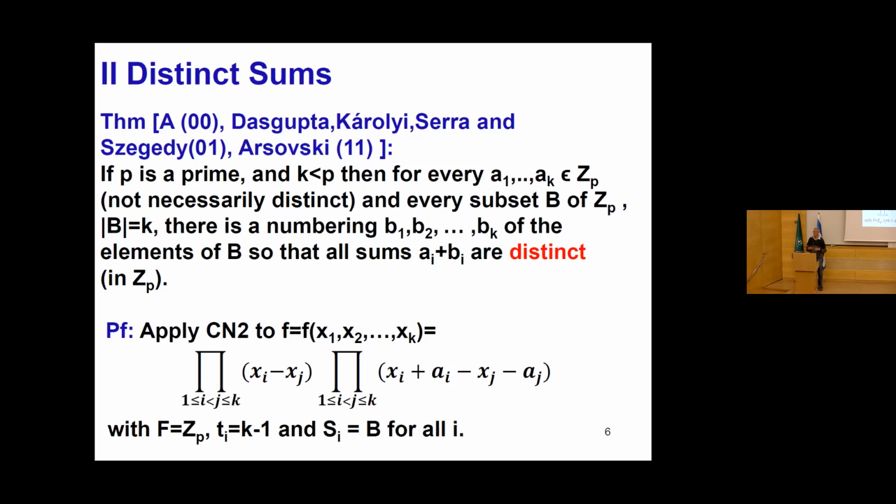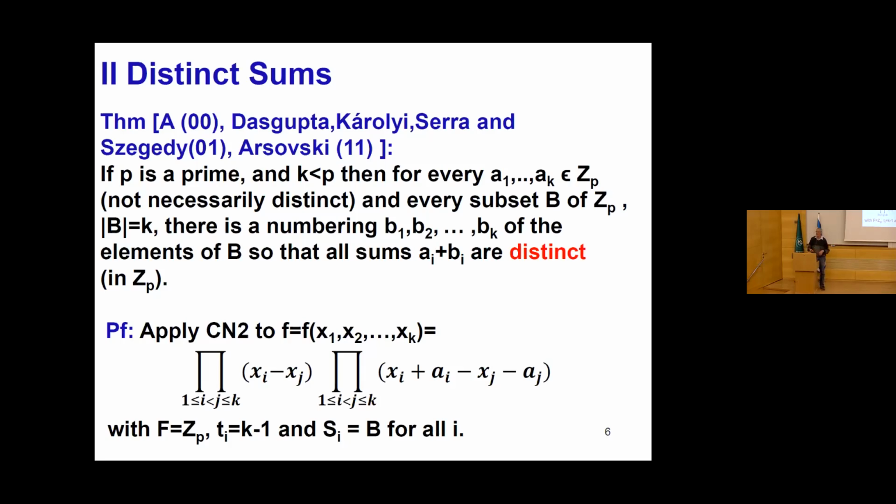This is a special case of something more general that was conjectured by Hunter Snevily and was eventually proved by Bodan Arsovski. But I'm telling just a special case. In this special case, you can say a little bit more. It's a statement in additive number theory, if you want.